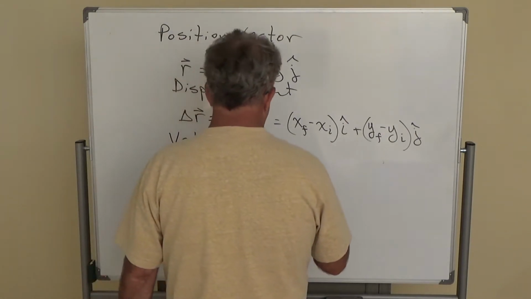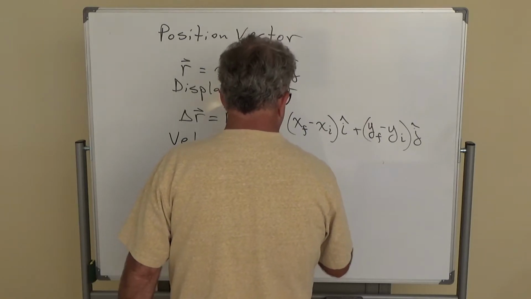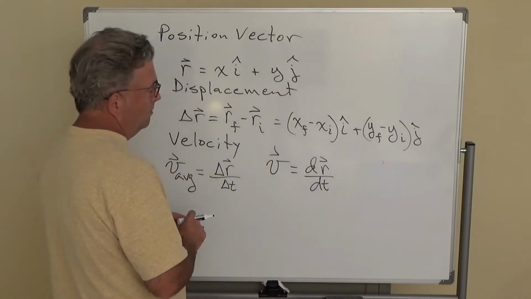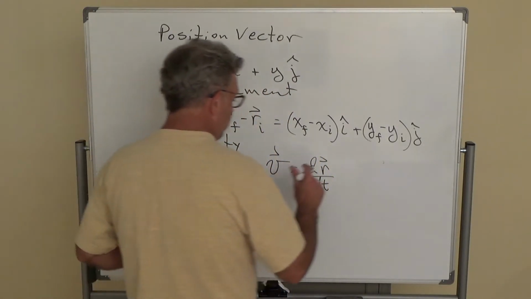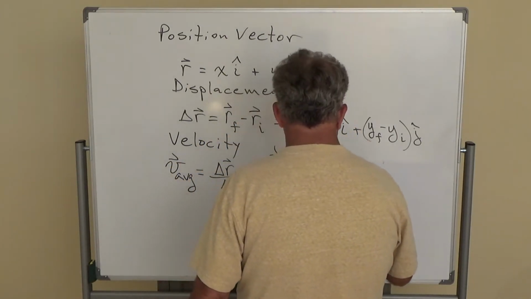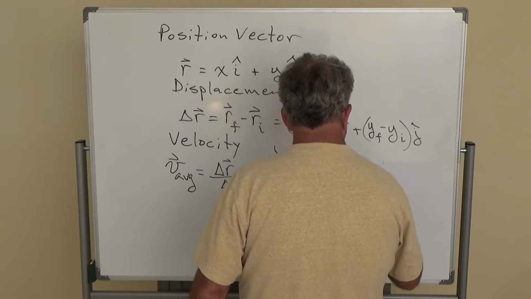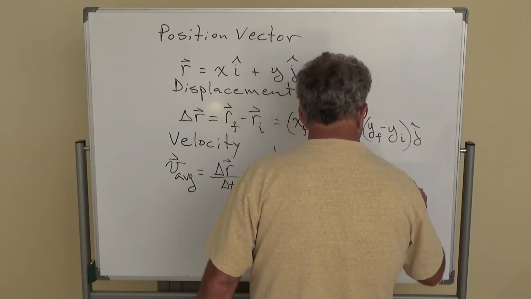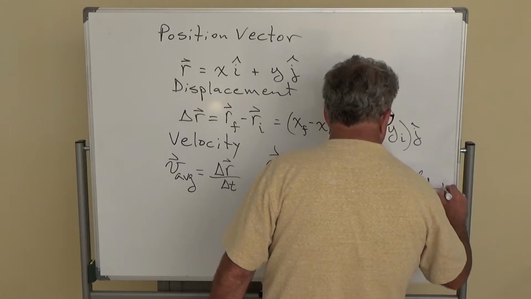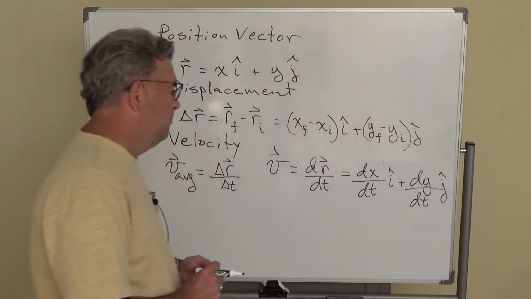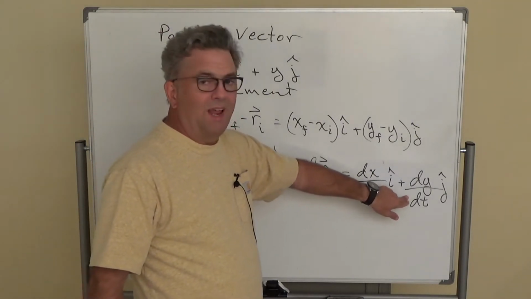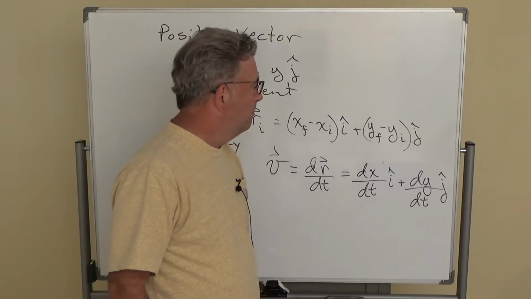This is equal to dr/dt, and that's equal to dx/dt i hat plus dy/dt j hat. This is what we had in 1 dimension. We're just adding on the y direction now.